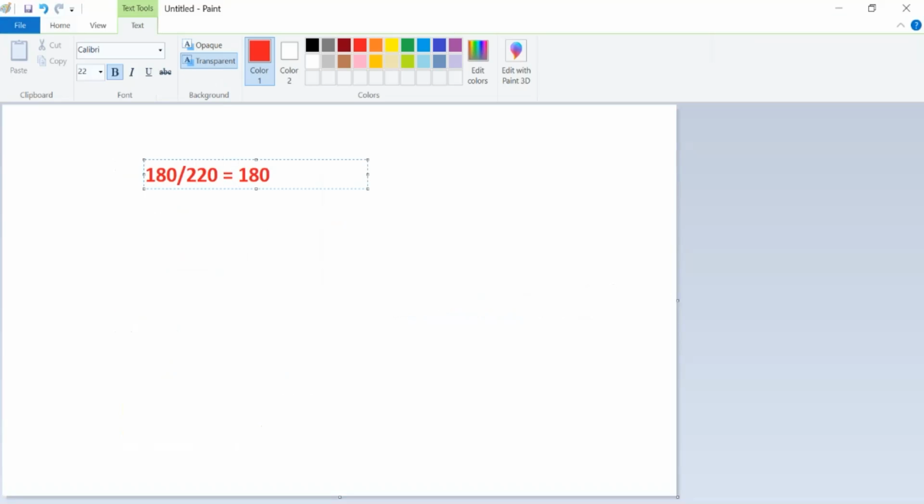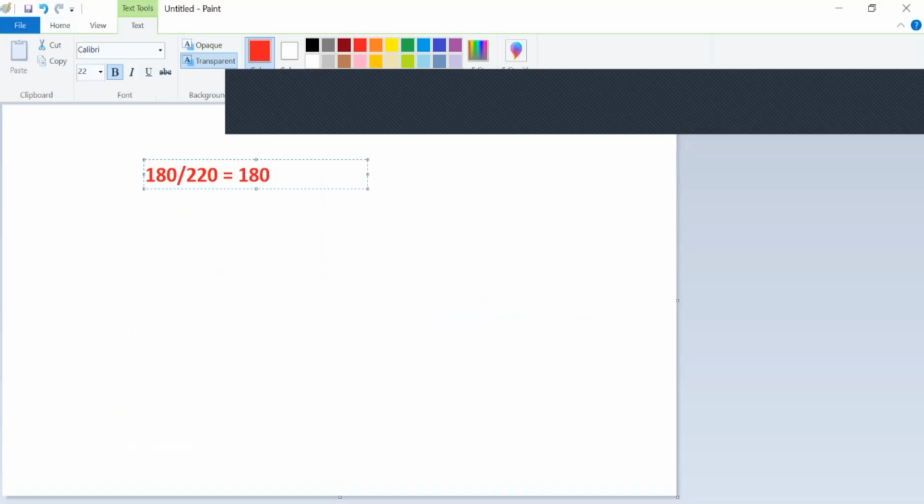I'm going to take 180, my numerator, and divide that by 10. And I'm going to take my 220 and divide that by 10. And when I do that, what do I get? 18 over 22.